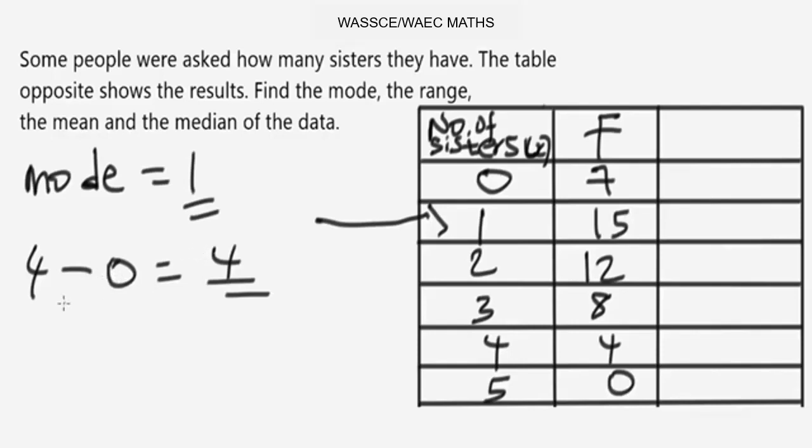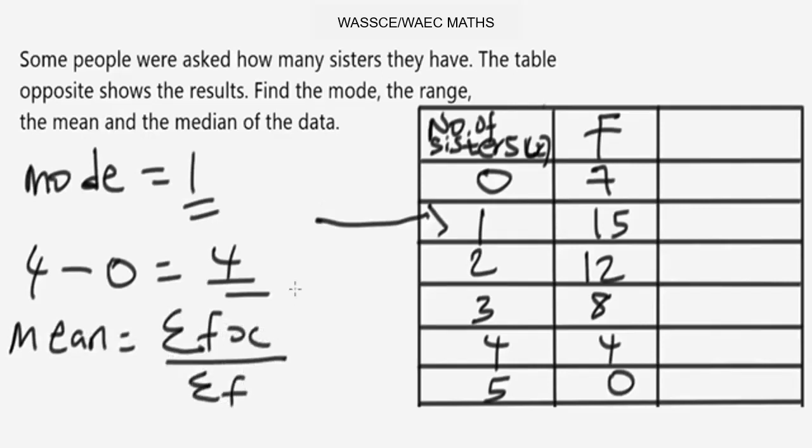Whereas for the mean, we're going to apply this formula, sigma fx over sigma f. This sigma sign stands for summation. For sigma fx, we need to get fx. That's why I included this column here. So our fx will be this frequency multiplied by the number of sisters respectively.